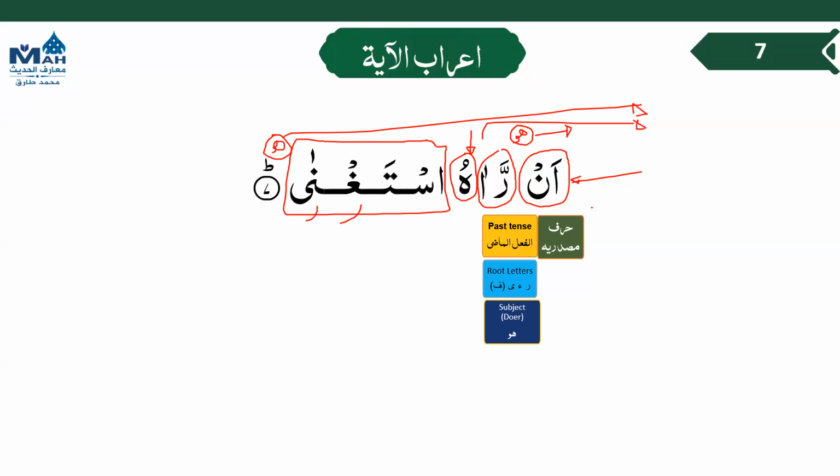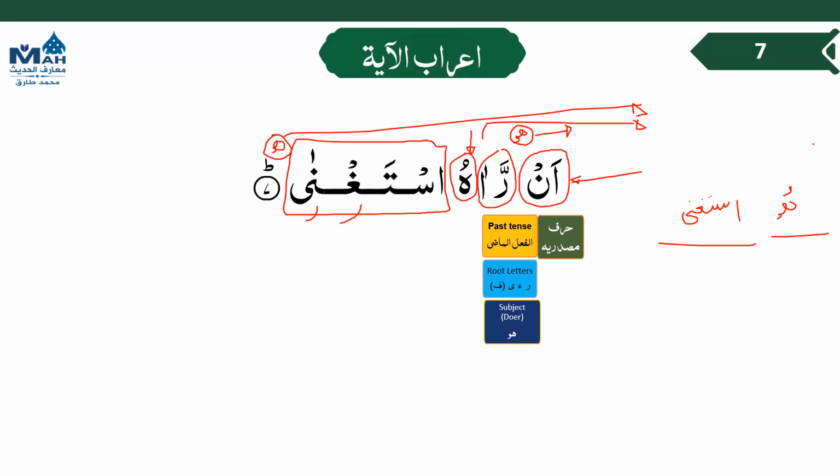Okay, now I'll tell you. Actually, here, the sentence you can say is huwa istaghna. So huwa istaghna, what is mubtada, Ghazala? Huwa. What is khabar? Istaghna.